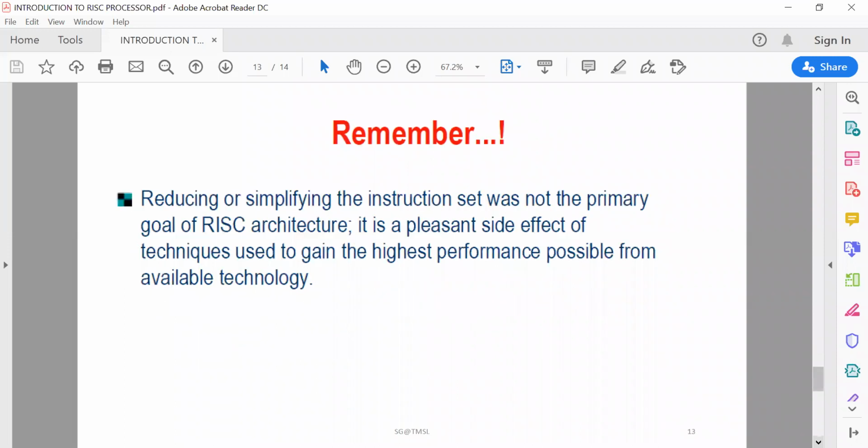That's why RISC has these kinds of features, and that's why it is very much used nowadays. You need to remember that reducing or simplifying the instruction set was not the primary goal of the RISC architecture. It's a side effect of techniques used to gain the highest performance possible from available technology.